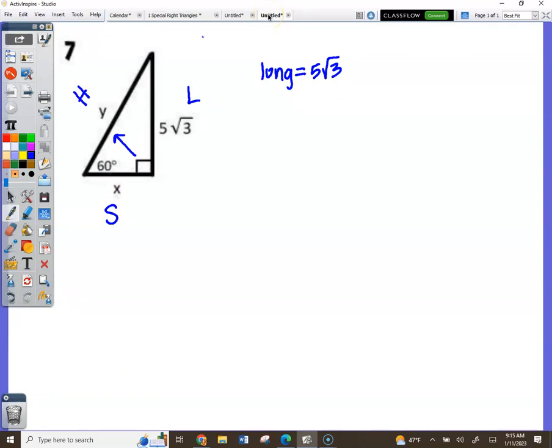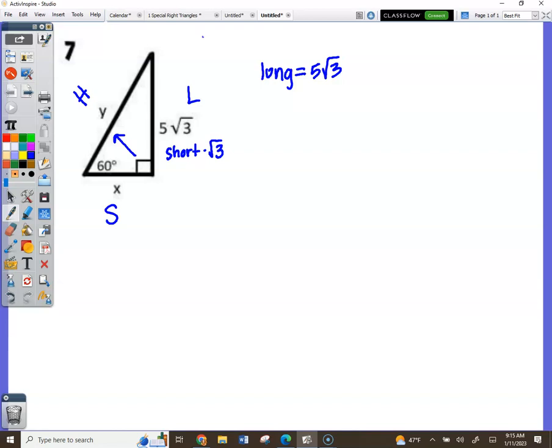So this right here has to be the short side times root 3. See where this is going? So this long was me just stating what I know. If the short side times root 3 has to equal 5 root 3, then what's the short? It's 5.